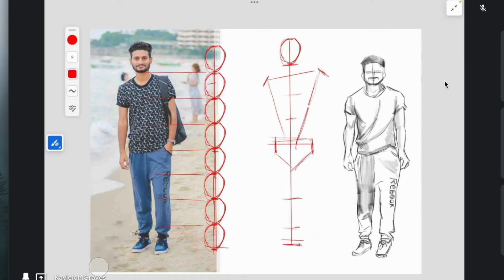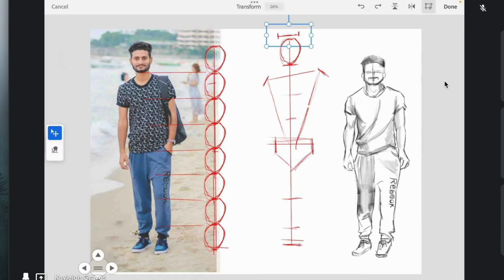What we can also do is take the heads and put the heads next to each other. So if this is how wide the head is, I could move that over to see how wide the shoulders are. If this is how wide his head is, and I were to move that over, then I could see that his shoulder comes out about 3/4 of the way from his head width.